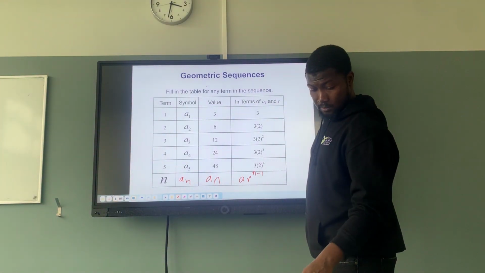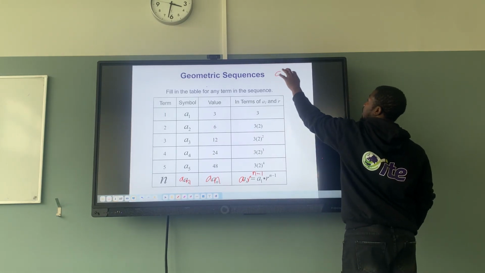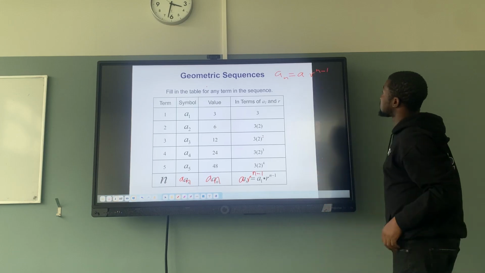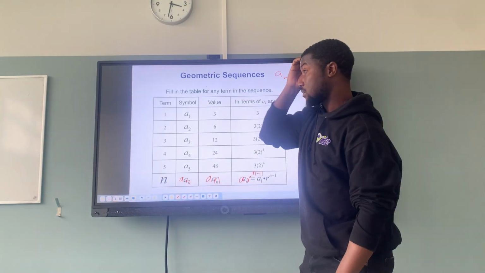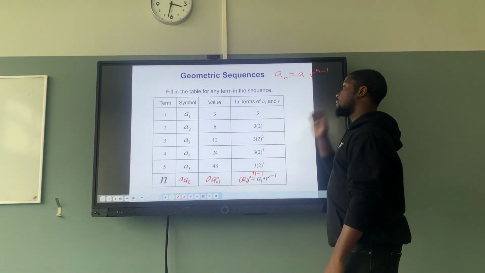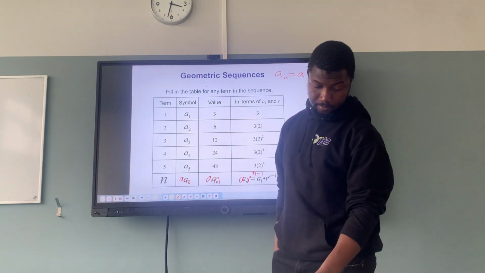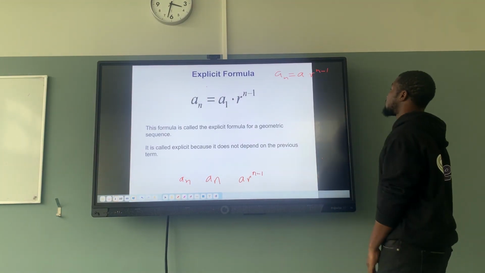So the nth term of a geometric sequence, AN, is equal to A times R to the power N minus 1. So anytime you are finding a geometric sequence, multiply the first term by the common ratio to the power N minus 1. So that gives us the explicit formula.